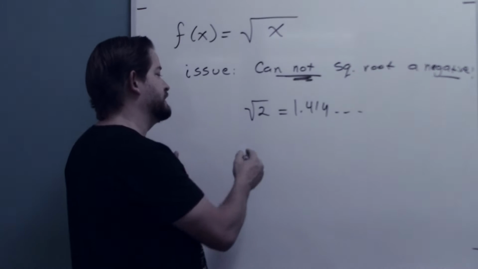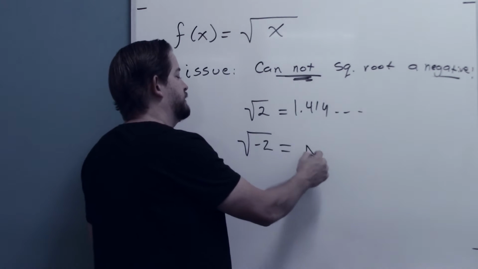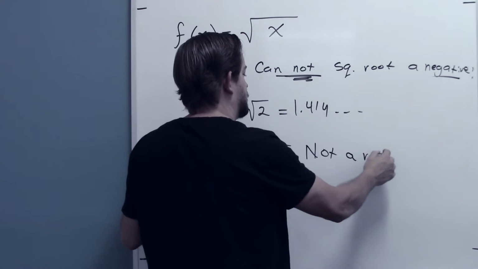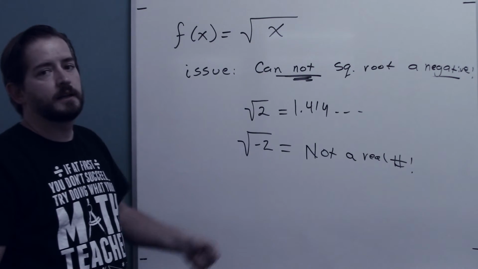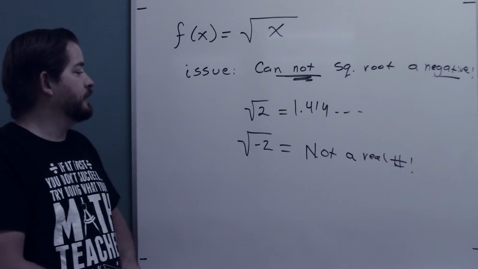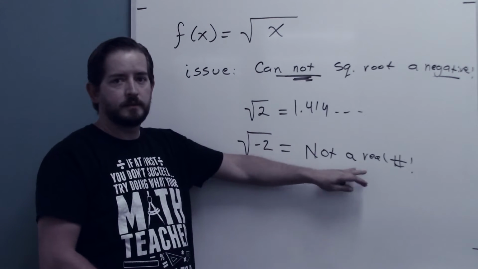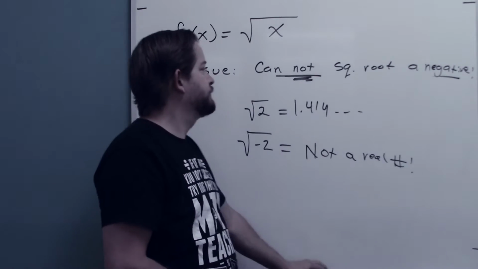But what there isn't is a square root of negative 2. This is not a real number. And that's where we have our issues, right? When I try to square root a negative number, I'm no longer in the real number line, okay? So that affects our domain.